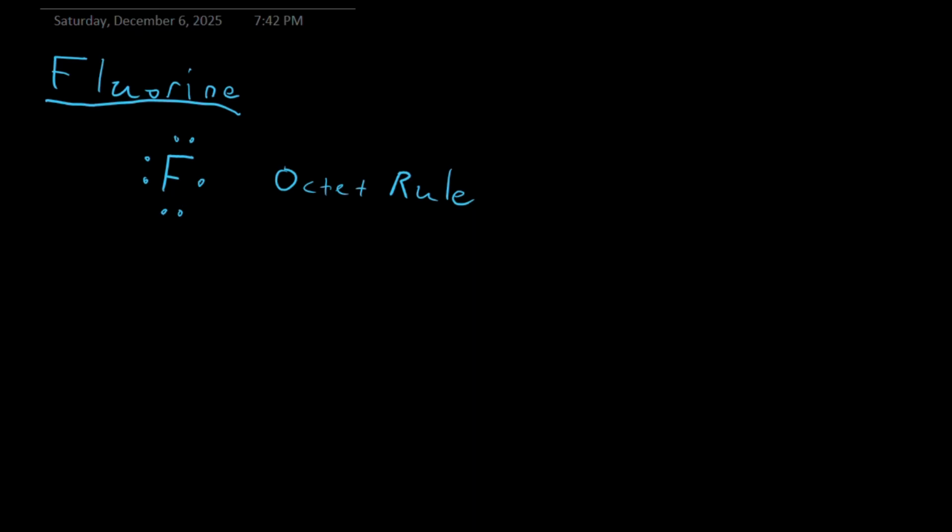Next, we want to determine what kind of element it is, or what kind of bond it would create. Fluorine is non-metallic. And since only fluorine is in this compound, we know that only non-metallic atoms are in this compound.